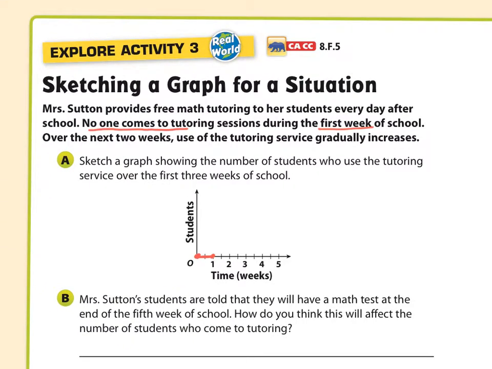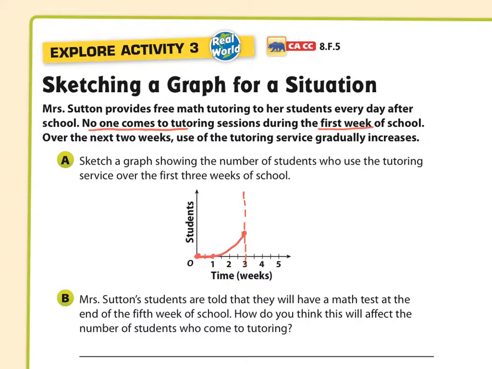Okay. Over the next 2 weeks, the use of the tutoring service gradually increases. So it gradually increases the number of students that go. So you can start to think about what that might look like. So in 3 weeks, 3 weeks is about this right here. So it's going to stop there. So this line could look something like this.